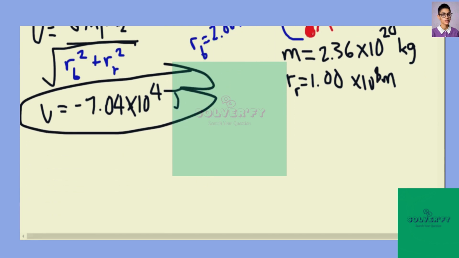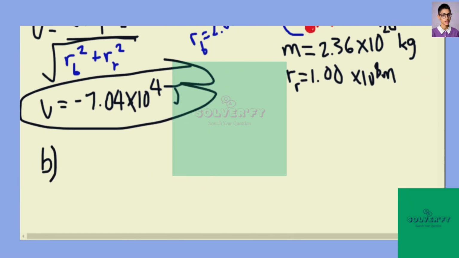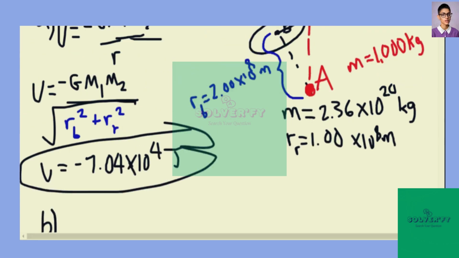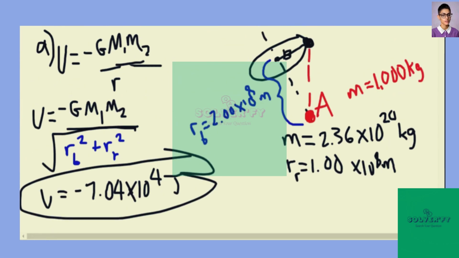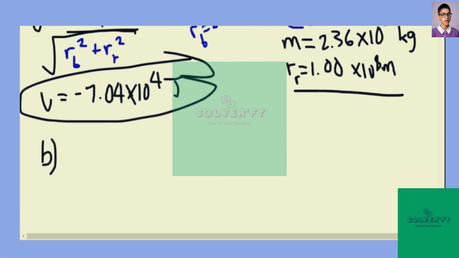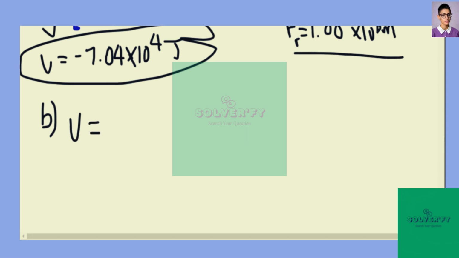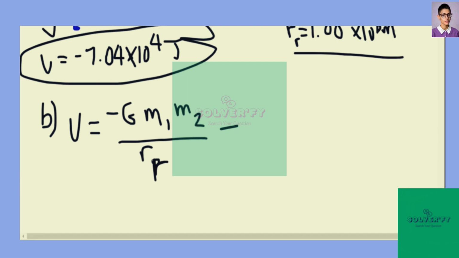Okay, B. Now we need the potential energy when it's at point B. So the potential energy is, for R, we're just going to use R sub R. So it's just going to be U equals negative G M1 M2 over R sub R. Putting that into the calculator.